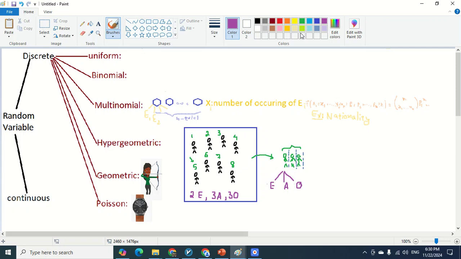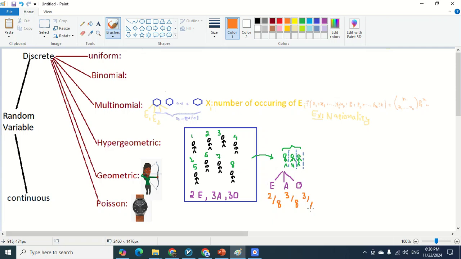It is important to emphasize this replacement, because otherwise you cannot solve it by the multinomial distribution. In this case, the probability of being European is 2/8, since 2 out of 8 students are European, the probability of being Asian is 3/8, and the probability of being from other nationalities is 3/8 as well.